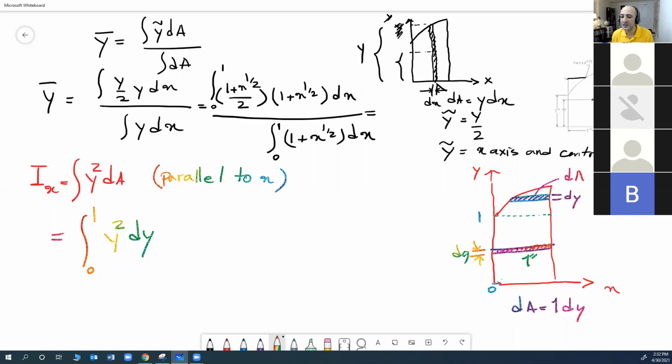What is this dA going to be? What is this length here? One minus x. That one is 1 minus x, exactly. Let's get rid of this top part.